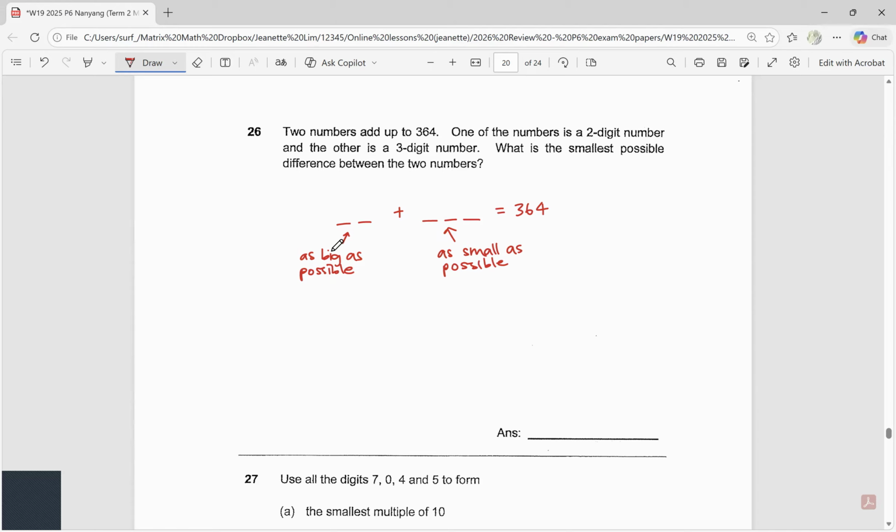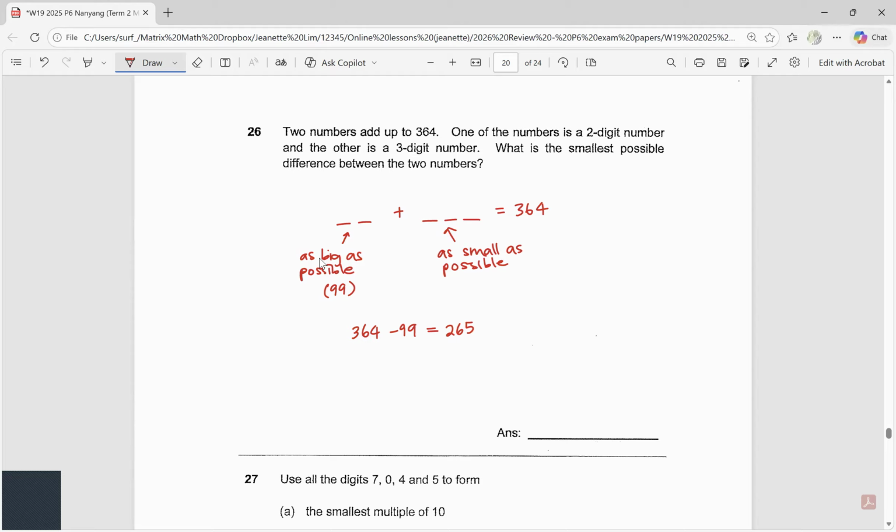So we approach it from the 2-digit. The biggest possible is 99. So what is the 3-digit number? The 364 minus 99. Then you do your calculations, you should get 265.